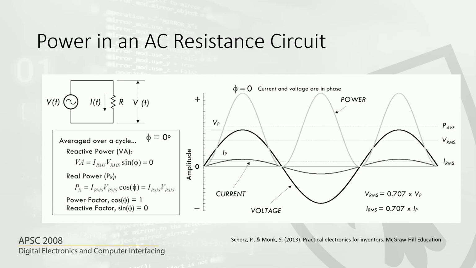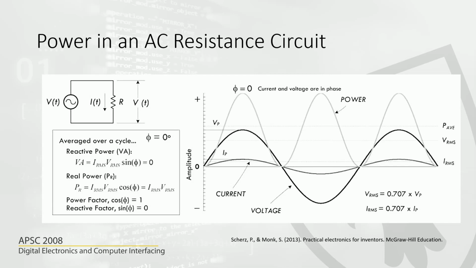If not, if you know the current flowing through the resistor and its resistance, you can multiply I squared, the current squared, times the resistance to calculate the power. So that's Ohm's power law.